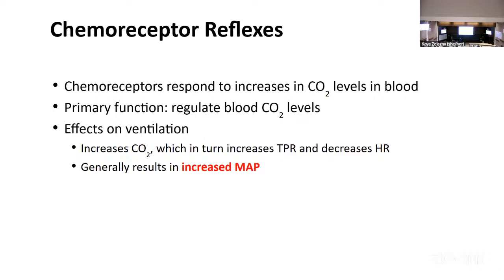Now, this can be a little bit surprising because we've talked about how when we have metabolically active tissue, we want to send more blood there, right? So initially, this drop in heart rate doesn't totally make sense. But when we think about making sure that the carbon dioxide levels in the blood stay low enough, we want to remember that your heart muscle itself produces carbon dioxide as it contracts, right?